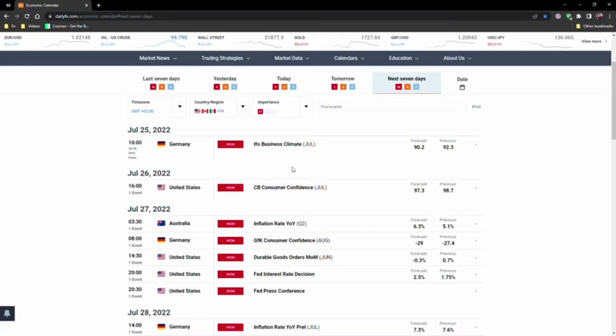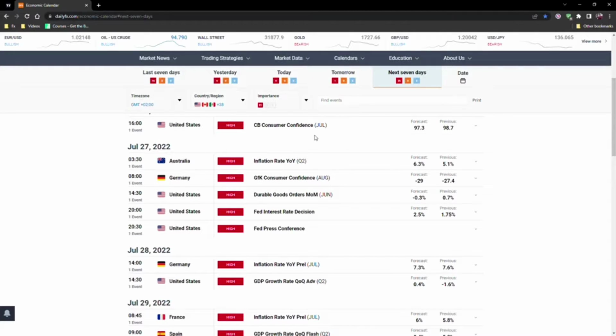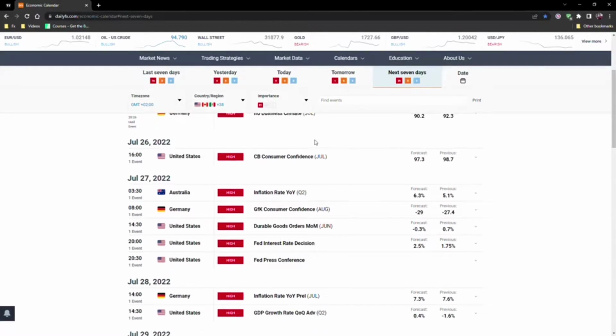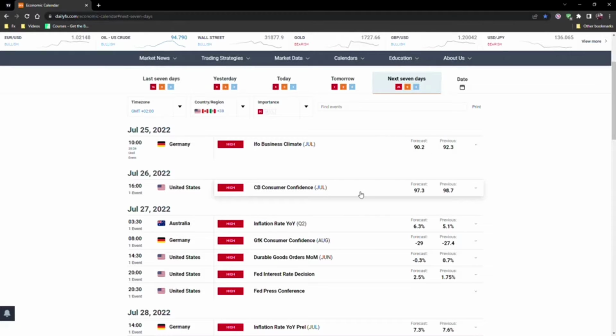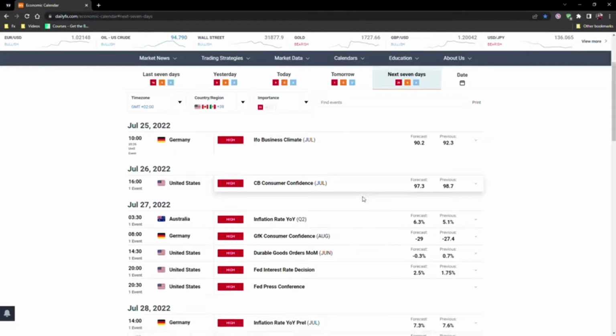Again, let's look at the fundamentals. Before we go on, we can see that tomorrow, on Monday, we're gonna have the Germany data, which is going to have an impact. On Monday we'll be looking at the German 40, and on Tuesday we'll be looking at the US30 and US100. Although they are fundamentals, they won't have as much of an impact as NFP, but it's always good to look out for them.